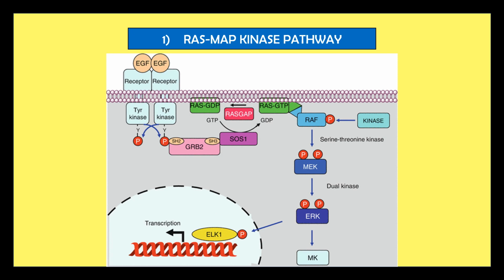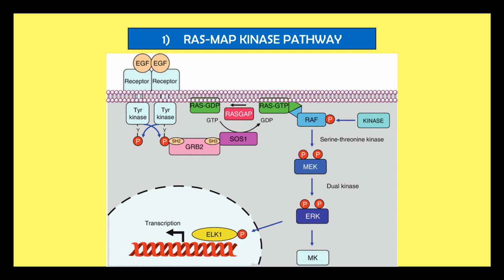MEK is a MAP kinase kinase, and the active MEK then phosphorylates and activates MAP kinase, another serine kinase. MAP kinase phosphorylates many different proteins, including the nuclear transcription factors that mediate cellular response.